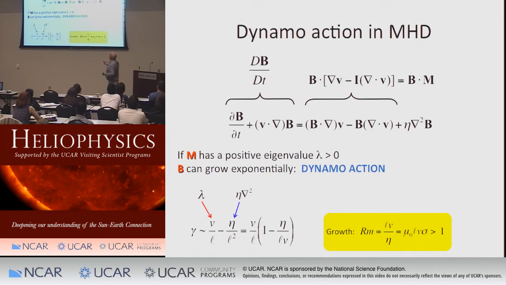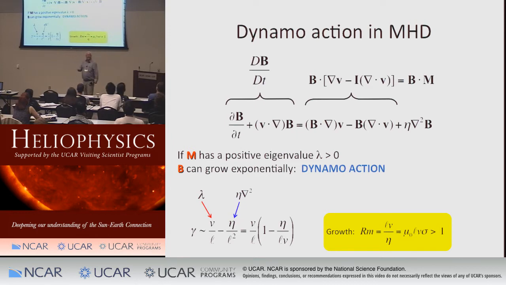This term here looks a lot more complicated, but I can see there are no derivatives of B. It's just the vector B times something. The something happens to be a second-rank tensor. Okay, so what? It involves derivatives of the velocity field, but not of B. So really, I just have the time derivative of B is B times the matrix.